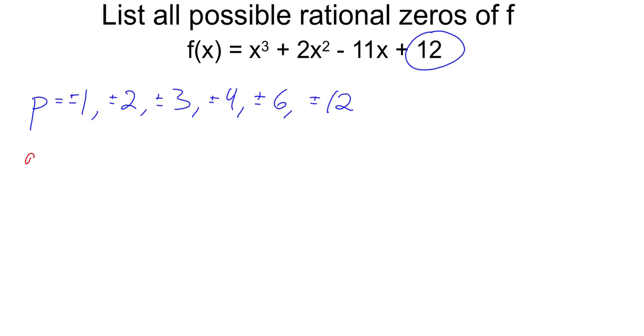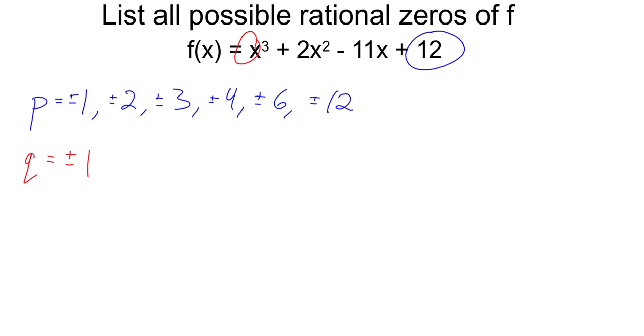And my q's are going to be all the factors of the leading coefficient. What's that? It's the integer value in front of x to the third, which is 1. So this is going to be plus or minus 1.